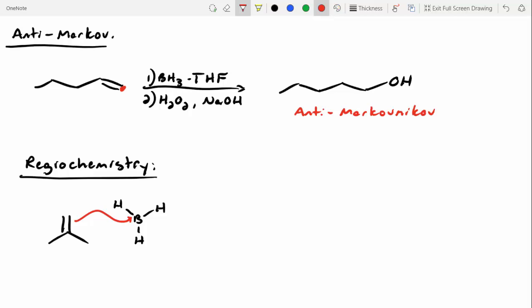And then when this happens, a hydride gets transferred over to the lower carbon. So we get this kind of funky looking transition state where we've got a hydride getting handed off to that bottom carbon. We're breaking a bond to this boron, and then this boron's forming a bond to that top carbon, and then we've got two hydrogens coming off.